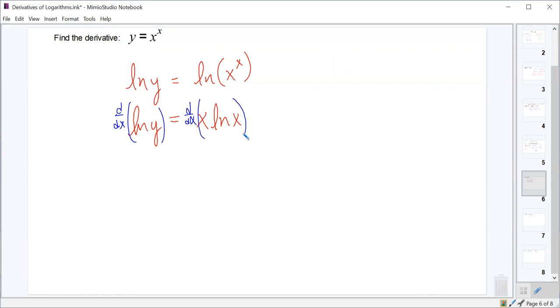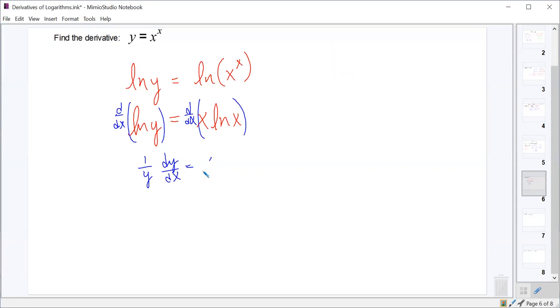So on the left, what do we get? One over y dy dx. Perfect. 1 over y dy dx. And on the right-hand side, this is x times the natural log of x, which is going to require us to use what rule? Product rule.